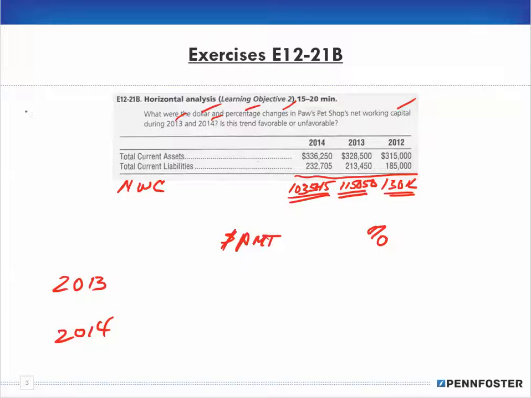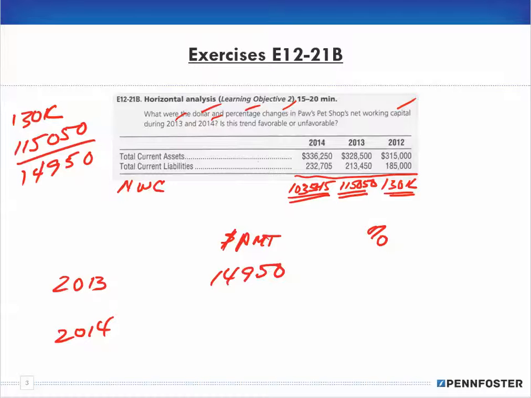So for 2012, we had 130,000, and for 2013, we had 115,050, which gives us a dollar amount of $14,950. Notice that is a negative.